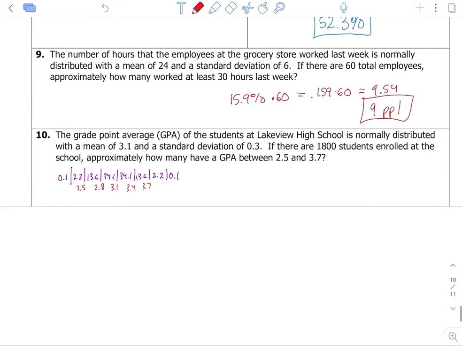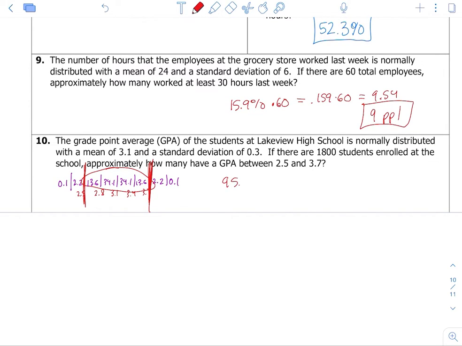Okay, so there are 1,800 students enrolled. Approximately how many have a GPA from this mark to this mark? And it's that percentage right there. So we have to add this percentage together. So 13.6 plus 34.1 plus 34.1 plus 13.6, that's 95.4%.